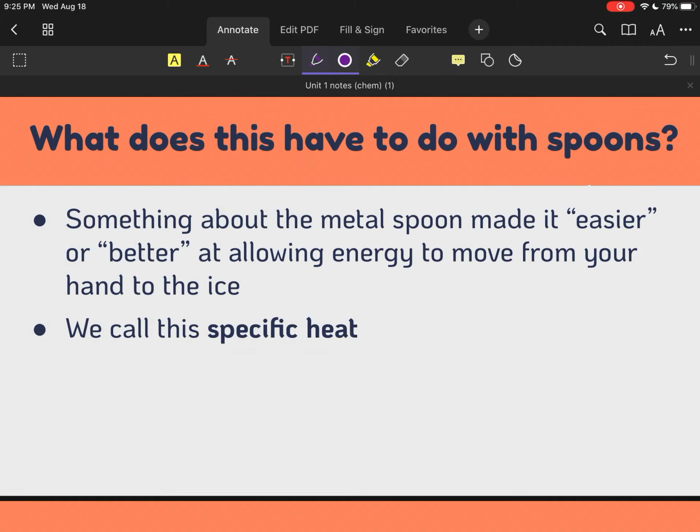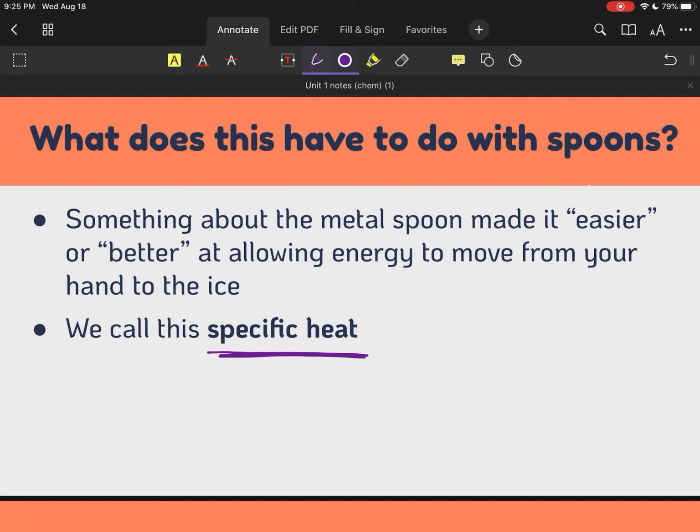So something about the metal spoon made it easier for that heat to travel, or made it better at allowing that energy to move from your hand to the ice. And that thing that makes it easier, right, for that energy to travel through is called specific heat.